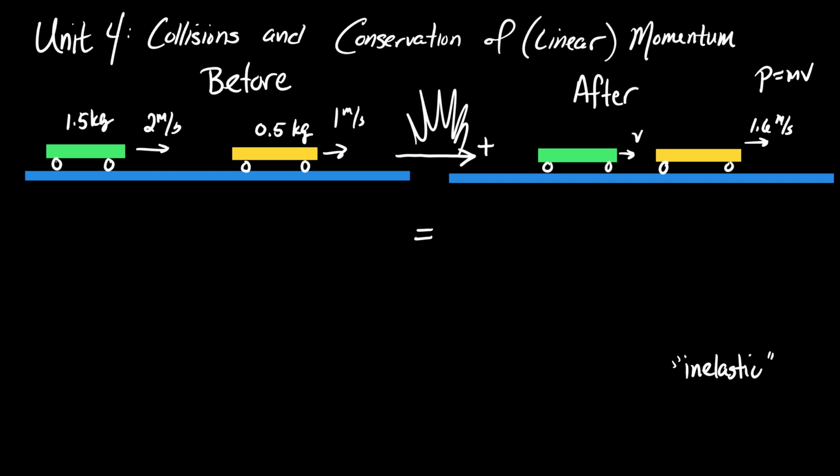In this case, it'll be 1.5 times 2, that's the first car. And they're both traveling to the right, so they're both positive. So my next one, 0.5 times 1. This has to equal 1.5 times my unknown velocity plus 0.5 times 1.6.